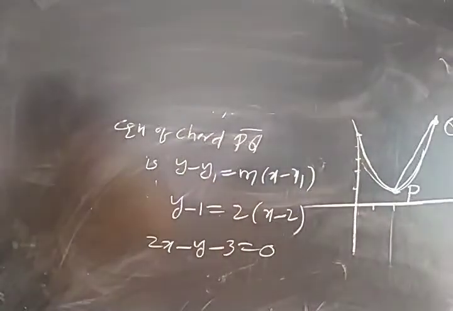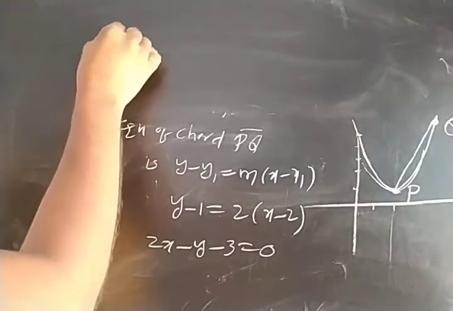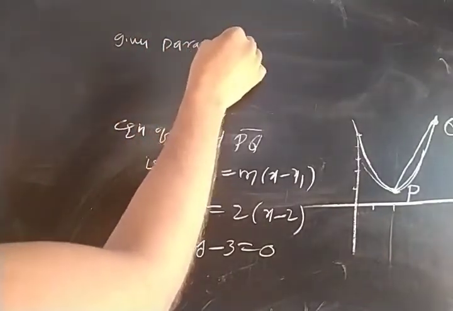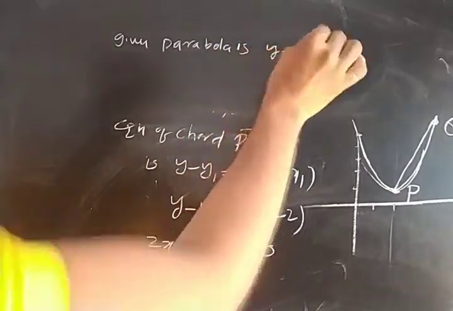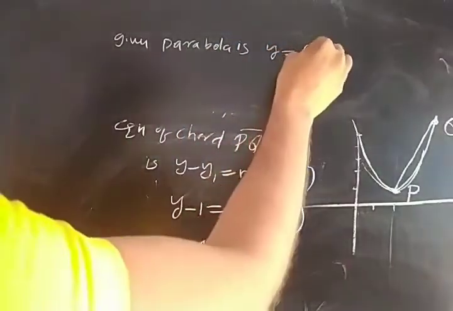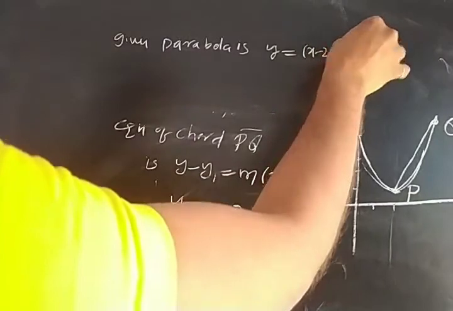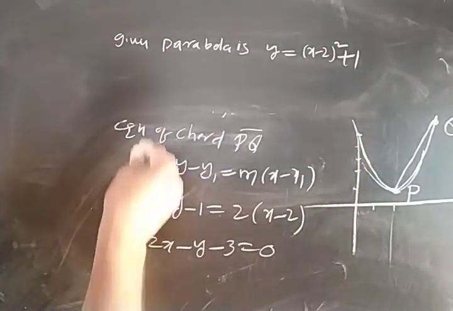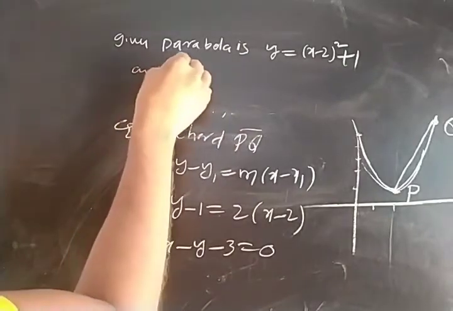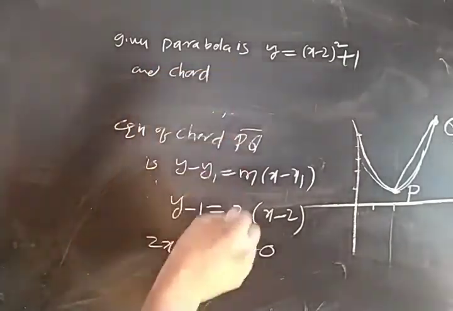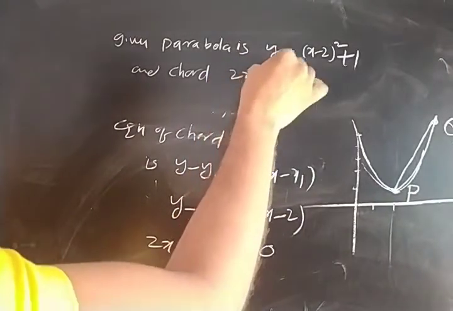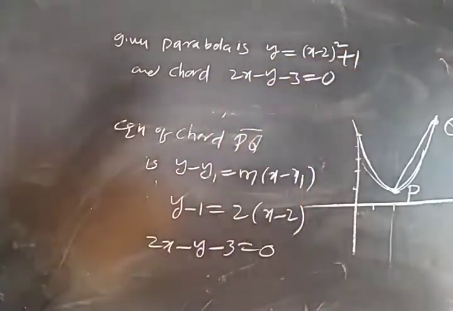So the given parabola is y equal to (x minus 2) whole square plus 1, and the chord is 2x minus y minus 3 equal to 0.